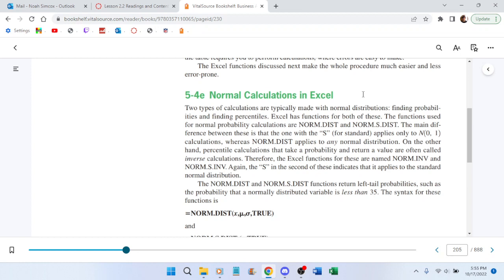They use the function NORM.DIST and NORM.S.DIST for the standard normal, and that applies to anyone. The inverse functions are NORM.INV and NORM.S.INV.